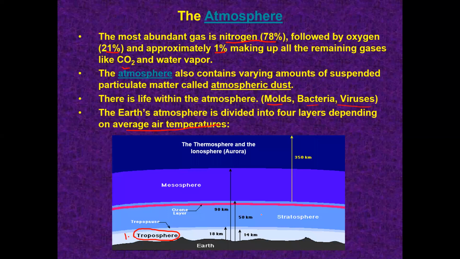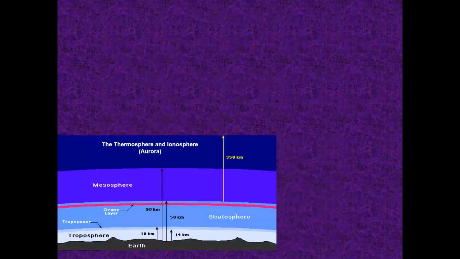The stratosphere, planes can fly in there, that contains the ozone layer that's going to block the harmful UV radiation and convert it into heat waves. That's what the ozone layer does. Where is it located? In the stratosphere. Then the mesosphere, and then the thermosphere. These are the approximate distances of them. Okay, so let's take a look at them.